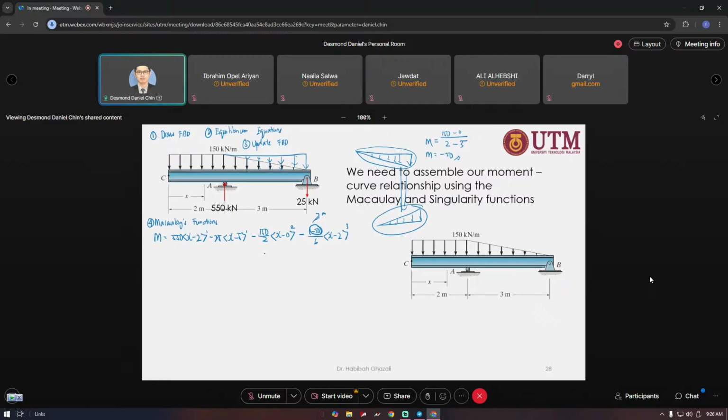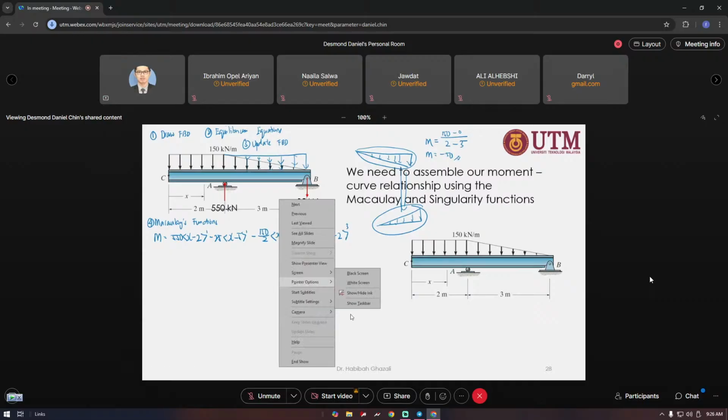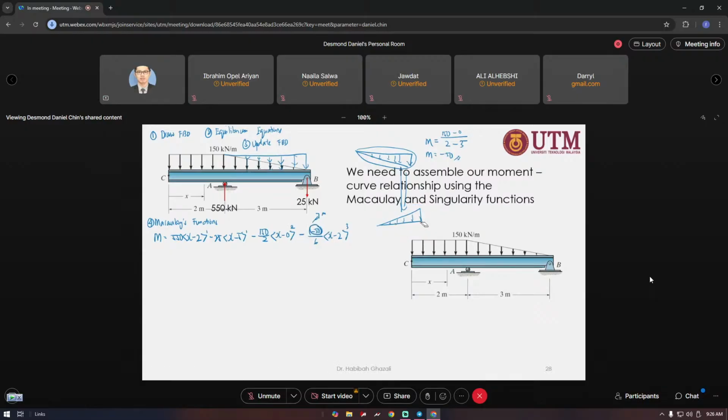Either you want to do the offset for the rectangular, and then you add this part, also can. It is not wrong. But you can also do it in what I'm trying to do. It is also the same. Doesn't matter. Okay, any question before I proceed?